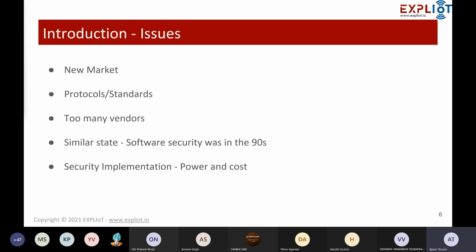There are a lot of protocols and standards put forth when we talk about software development or the security of your web or mobile application, and so forth. But when it comes to IoT, there is not much that we have seen when it comes to standards.